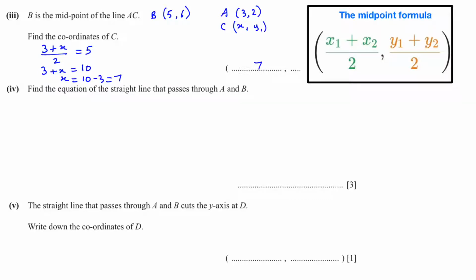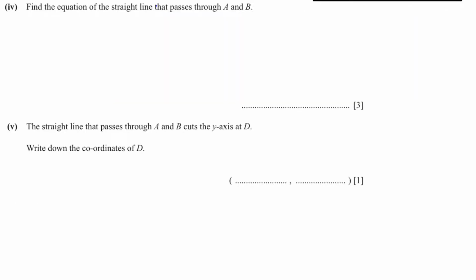The x value of C is 7. To find the y, we will add the y values together. So 2 plus y divided by 2 is equal to 6. 2 plus y is equal to 12. Therefore, y is equal to 12 minus 2, which is 10. So these are the coordinates of C.